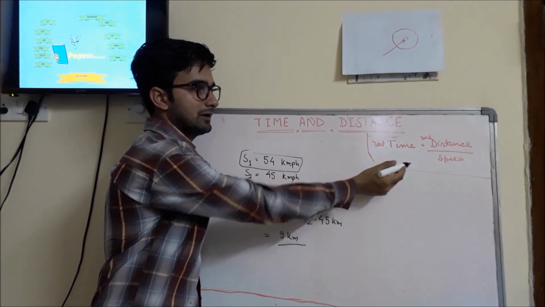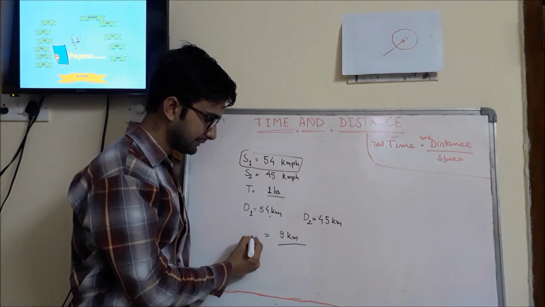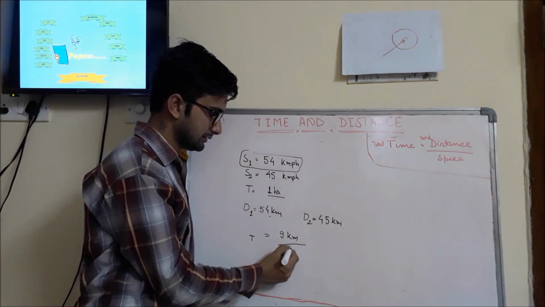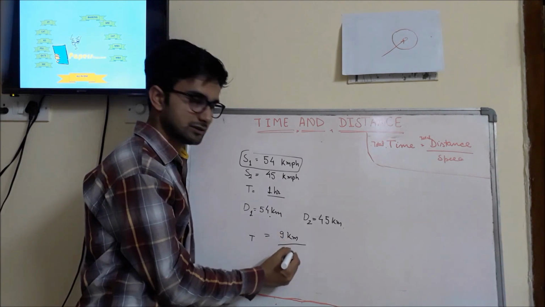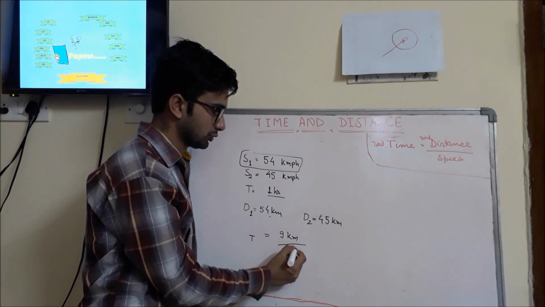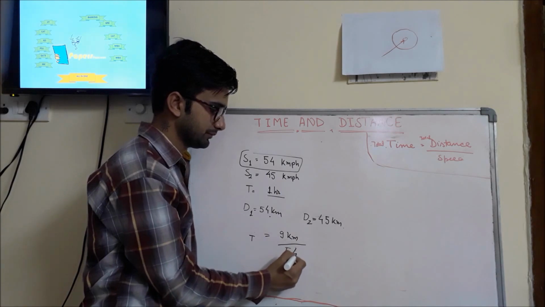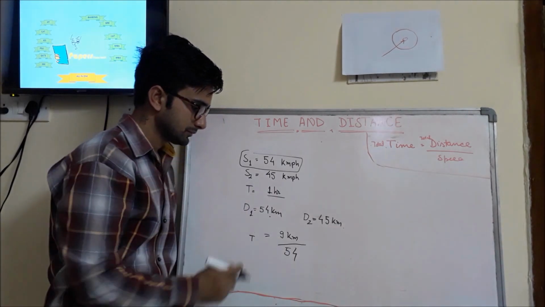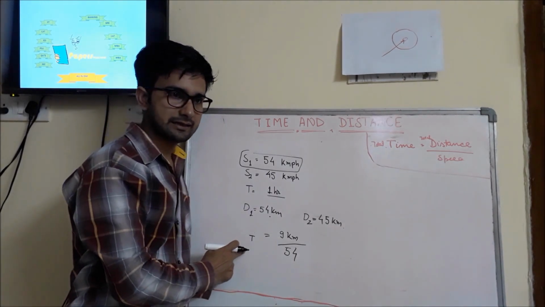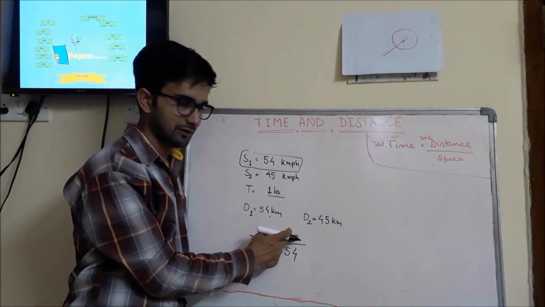We'll apply the same formula for the time. So the time will be distance divided by the speed. Apply the same formula. So this will give the time, how much, sorry, how many hours he has stopped.